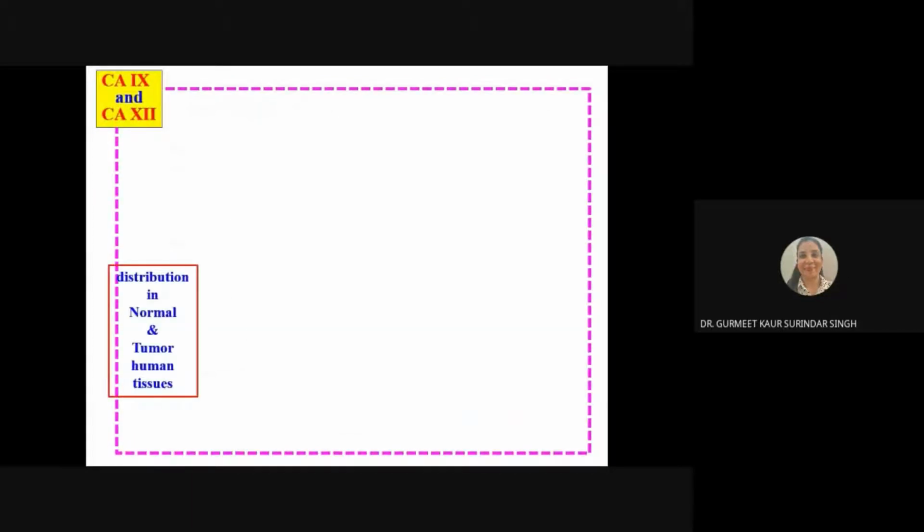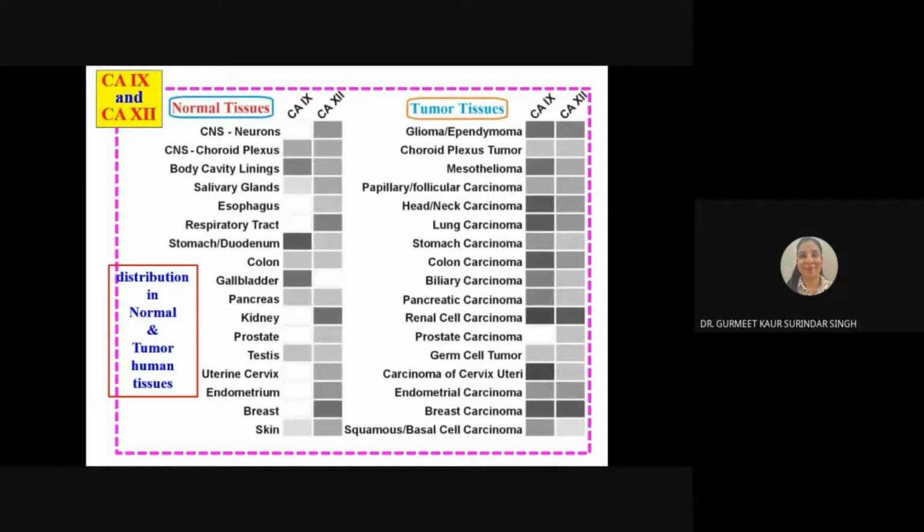Okay, so we can see in this slide the distribution of the different isoforms, mainly carbonic anhydrase 9 and 12, comparing normal tissues and the tumor tissues or the solid tumors. The first one is CNS neurons. We could see that carbonic anhydrase 9 is not expressed at all in normal tissues.